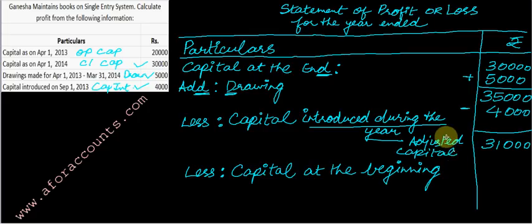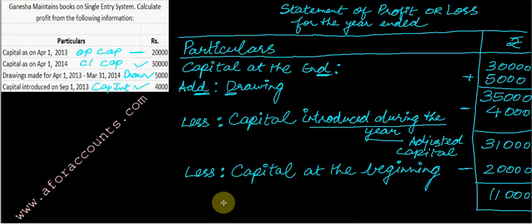Just before putting the last figure, you get adjusted capital. Now for the last, capital at the beginning, I have your opening capital, 20,000. I need to subtract it, less 20,000. So I get 11,000 here, and I get my profit made during the period.